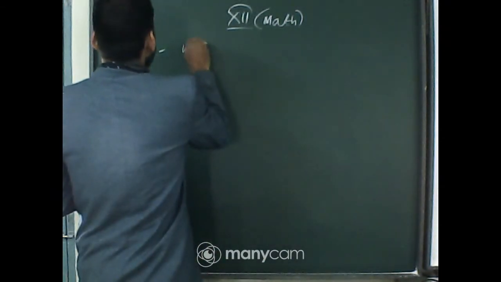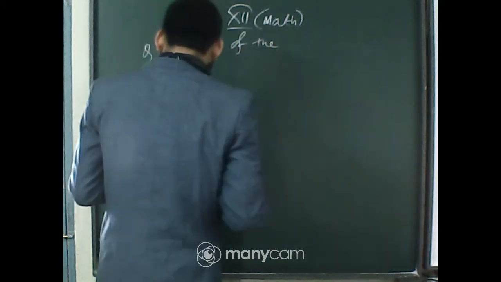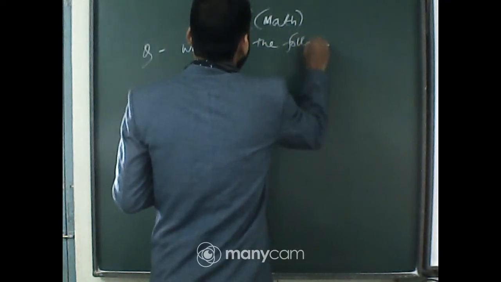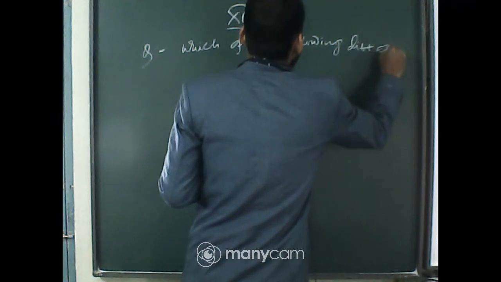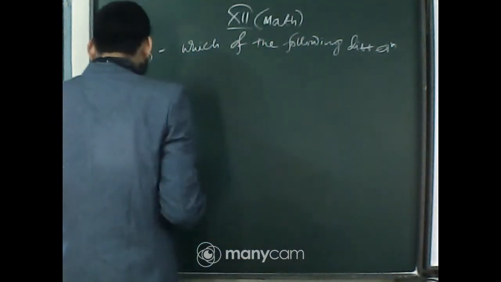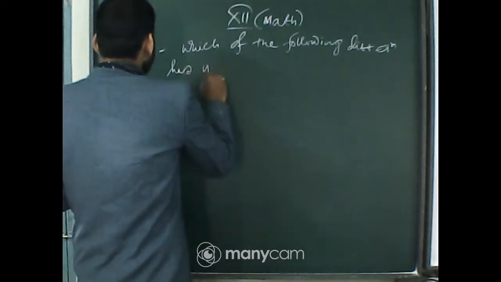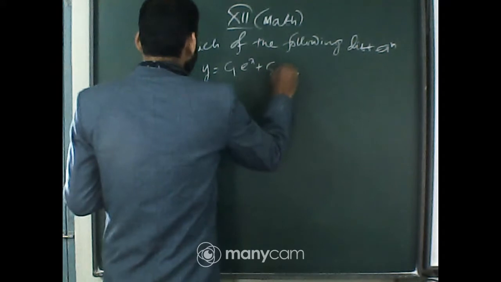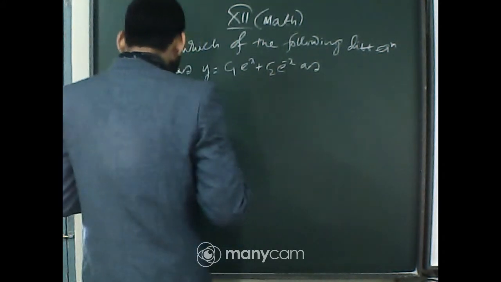Which of the following differential equations has y equals c1 e to the power x plus c2 e to the power minus x as the general solution?